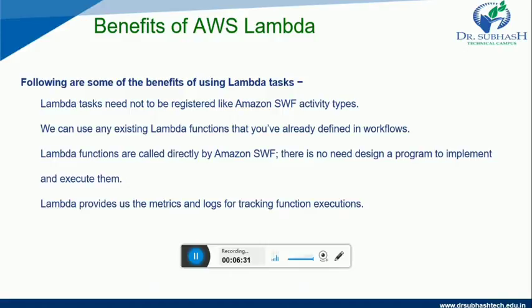Lambda functions are called directly by Amazon SWF. There is no need to assign a program to implement and execute them. Next benefit is Lambda provides us the metrics and logs for tracking function execution. So friends, these are the benefits of AWS Lambda function.